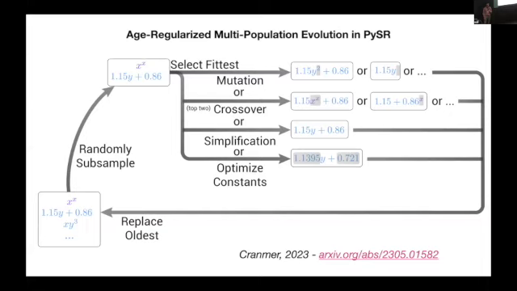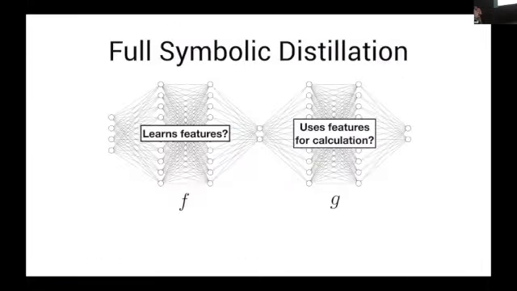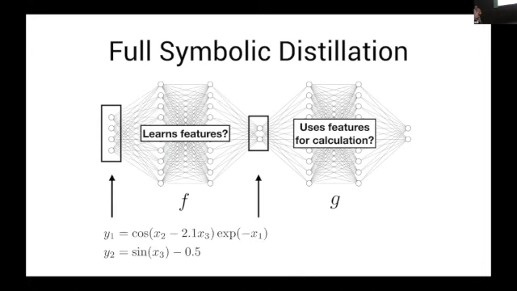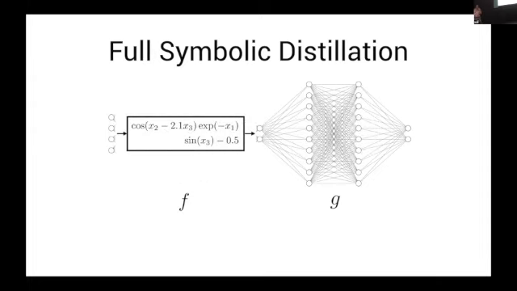But for more complex expressions, it's good to take this distillation idea, because neural networks are very good at learning very complex models. So you could think of this as the neural network factorizing it into subproblems. Each subproblem is a simple expression that you can find.